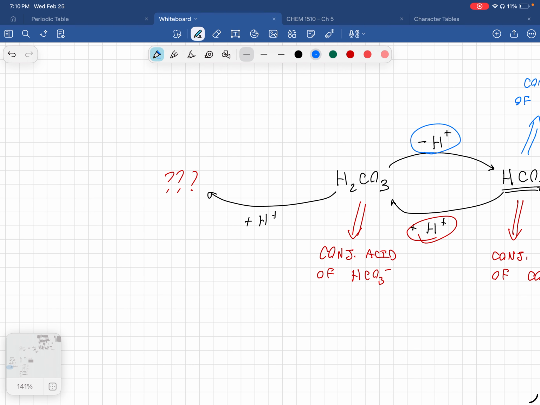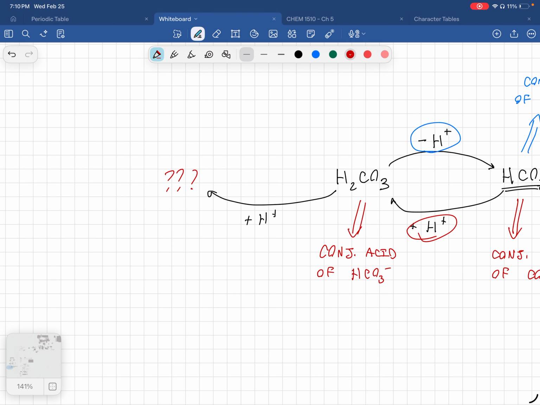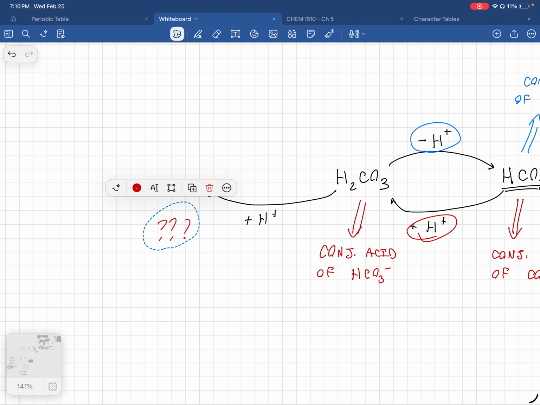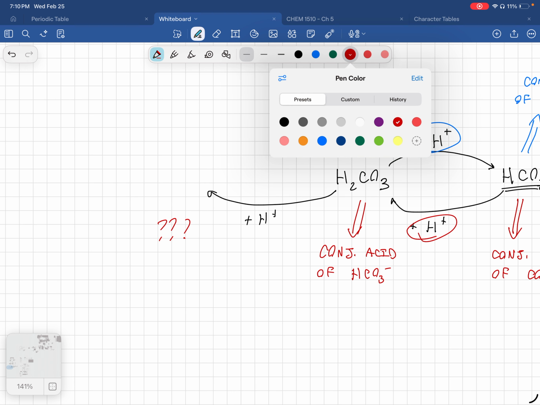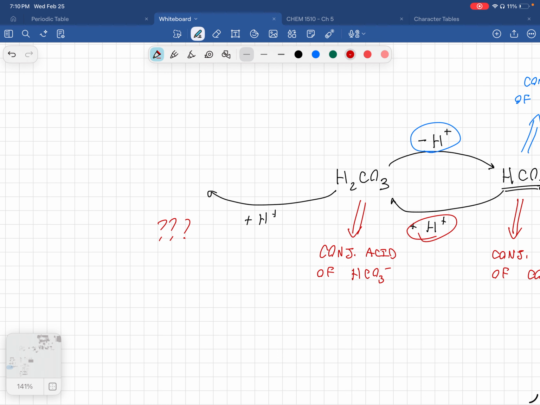If we go to the other side and ask what is the conjugate acid form of H2CO3, we could draw the Lewis dot structure here. You're not going to have to do that very often, but it is useful. Oops, I drew that wrong. There we go.